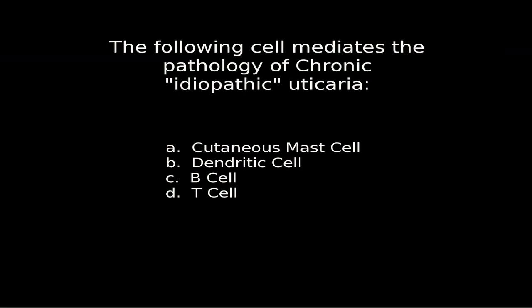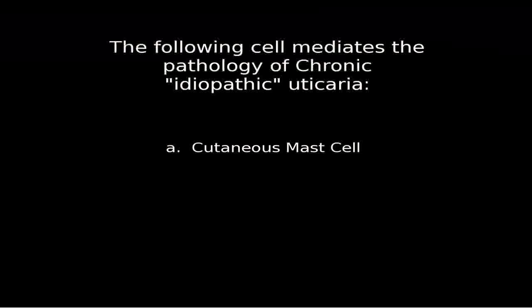Number 7 is, the following cell mediates the pathology of chronic idiopathic urticaria. So who mediates this pathology? Well, you know that it's an issue with allergy, and so the answer is looking for mast cells. A, cutaneous mast cell would be a great answer. The dendritic cell, you try to think, okay, is the dendritic cell ever implicated in a pathology?